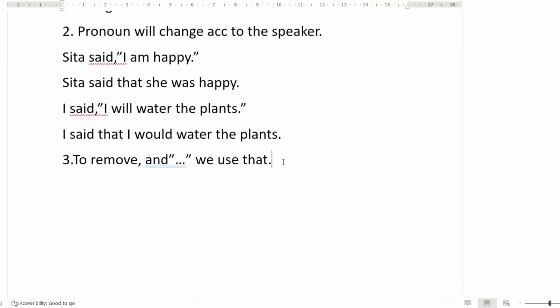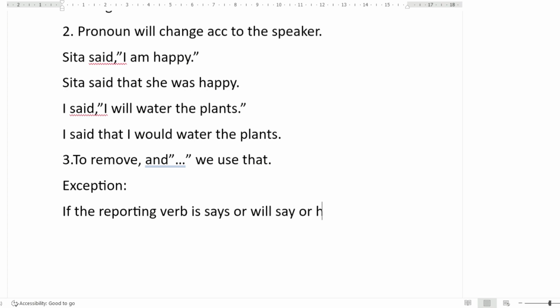Now there is an exception to this particular rule, and the exception is if the reporting verb is says or will say or has said, then the tense does not change.